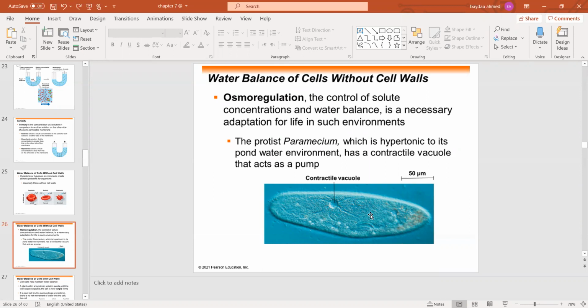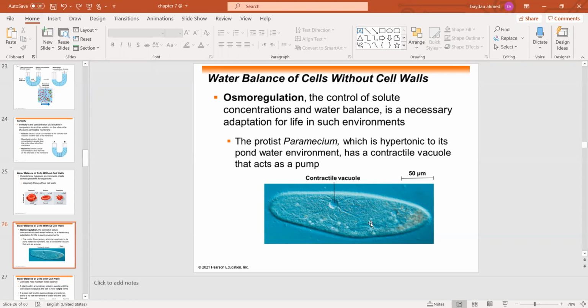Paramecium has a plasma membrane that is much less permeable to water than the membrane of most other cells, but this only slows the uptake of water, which continually enters the cell. The reason the Paramecium cell doesn't burst is that it has a contractile vacuole, an organelle that functions as a pump to force water out of the cell as fast as it enters by osmosis.